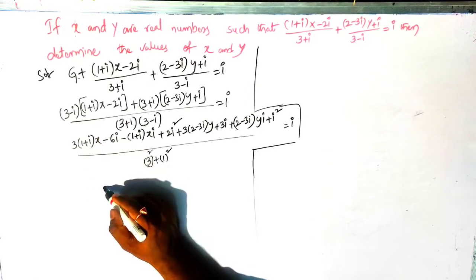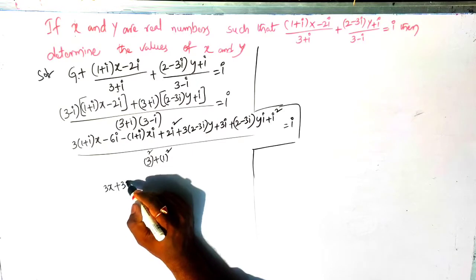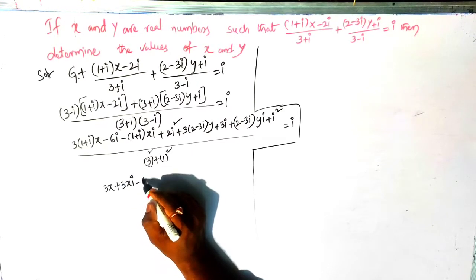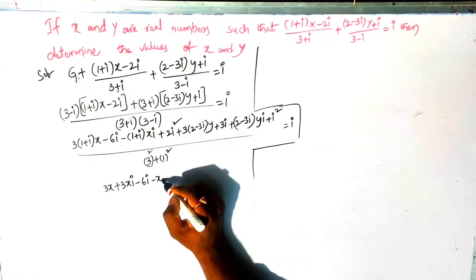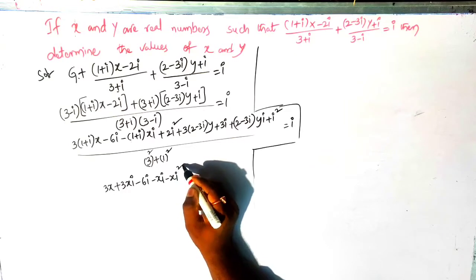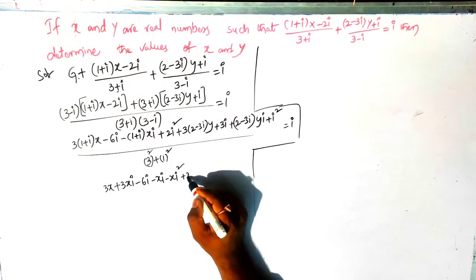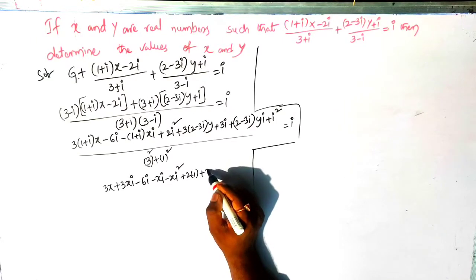3x into 1, 3x, plus 3xi we get here, minus 6i. So minus xi, minus xi square plus 2 into i square value minus 1, plus 3y.